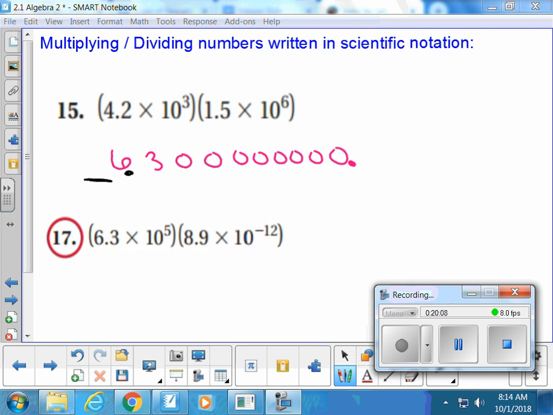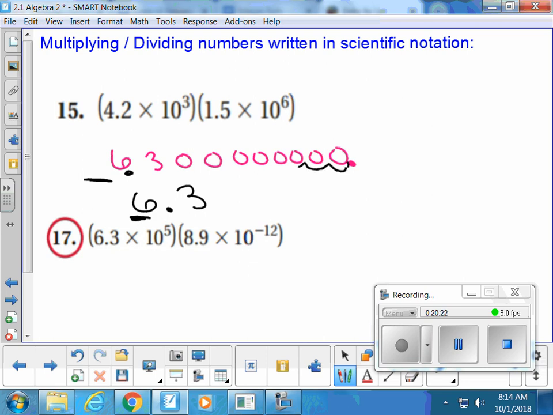I counted 8 zeros. So then we talked about how to be in scientific notation, you need one digit to the left of the decimal point. That would be your 6. And we're going to count how far the decimal point would need to move. 1, 2, 3, 4, 5, 6, 7, 8, 9.